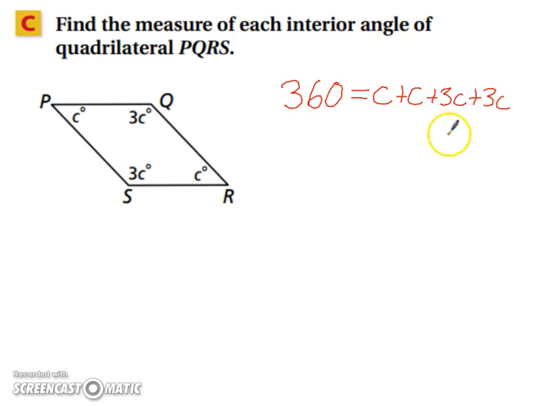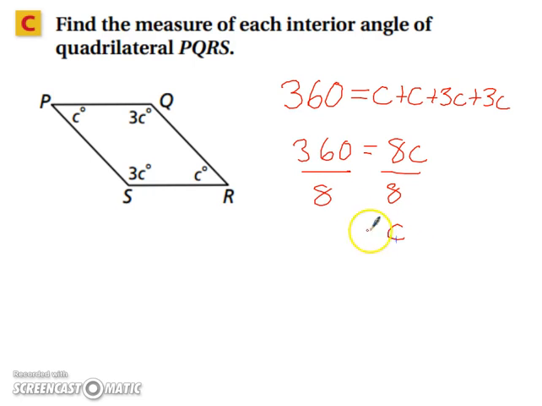A little bit of algebra here. Let's combine like terms. We have 3 plus 3 is 6, 7, 8. So 360 equals 8C. Then we can divide by 8 on both sides. And when we divide by 8 on both sides, we end up with 45 degrees. So C is 45. That gives us R and P.